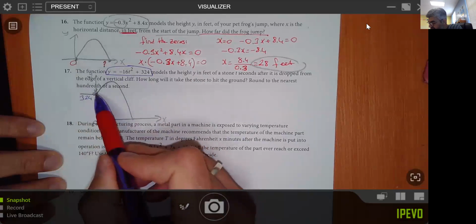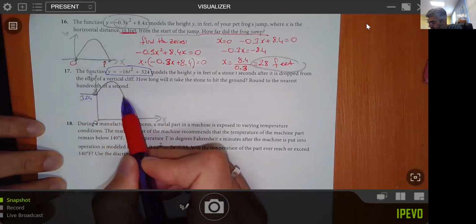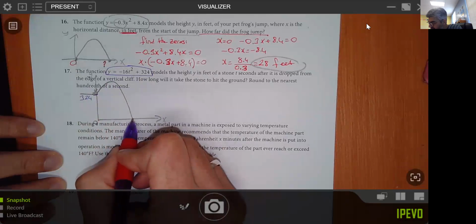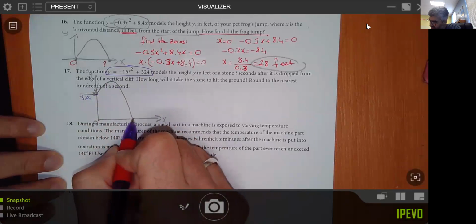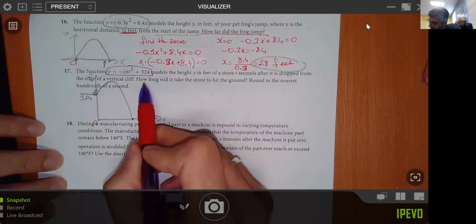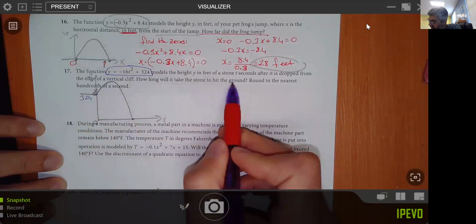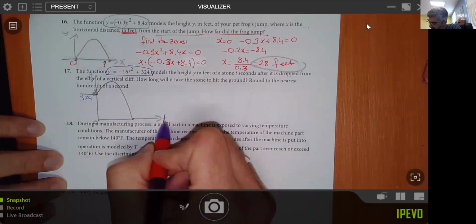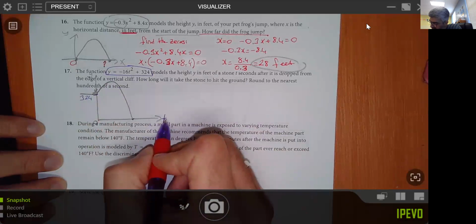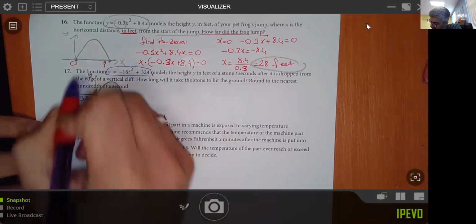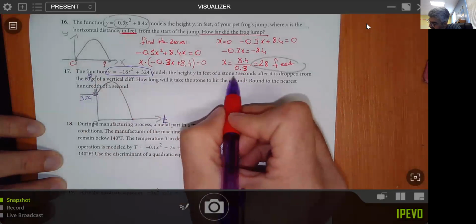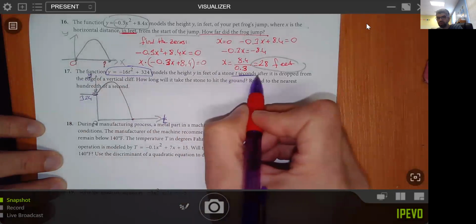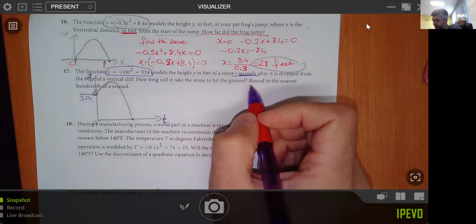The stone from this height goes down and meets the ground. How long will it take the stone to hit the ground? By the way, this is t, not x and y, but a t-y graph. And t shows the time in seconds, guys. Very good.